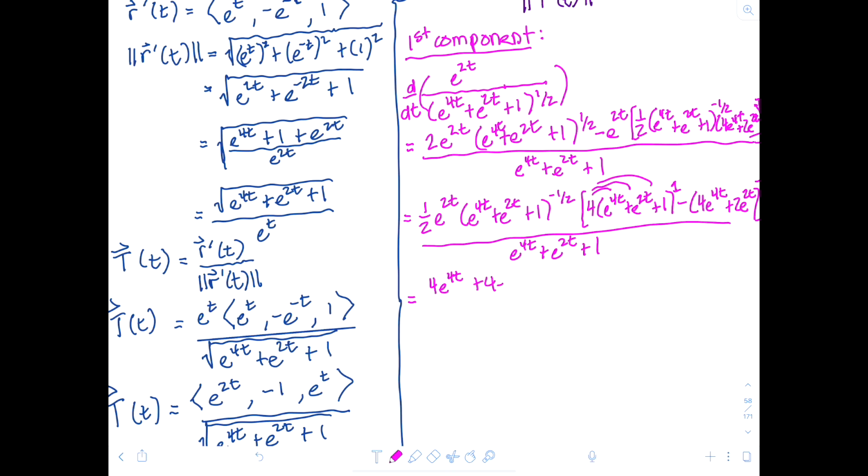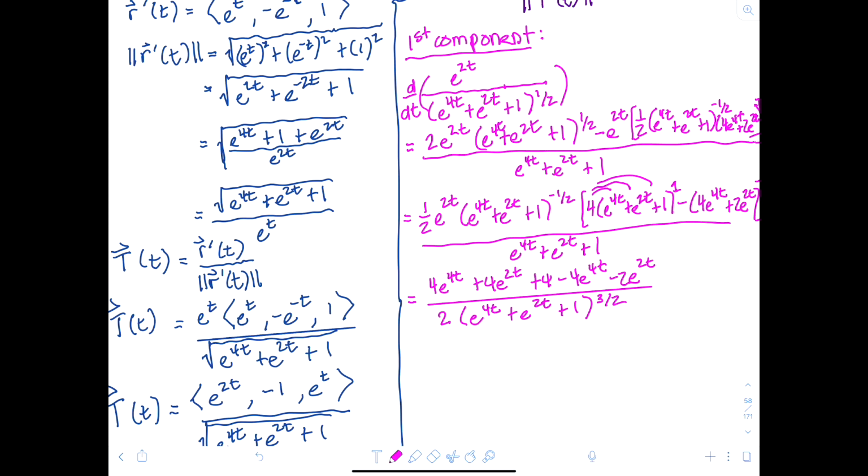Plus 4e to the 2t plus 4 minus 4e to the 4t minus 2e to the 2t, all over 2 times quantity e to the 4t plus e to the 2t plus 1, and that'll now be to the 3/2.